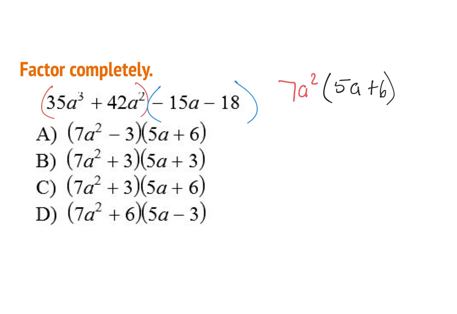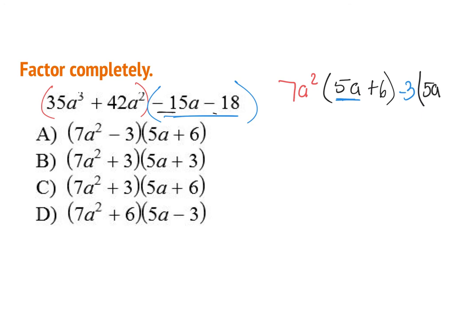And now I'm going to factor out my other two terms. So I'm going to factor out a 3. And I'm going to make that negative 3 because I see that I need to have a positive 5a. So if I factor out a negative 3, I'm going to see what's left over. So negative 15 divided by negative 3 gives me a positive 5a.